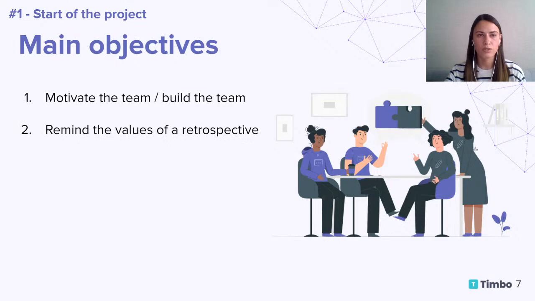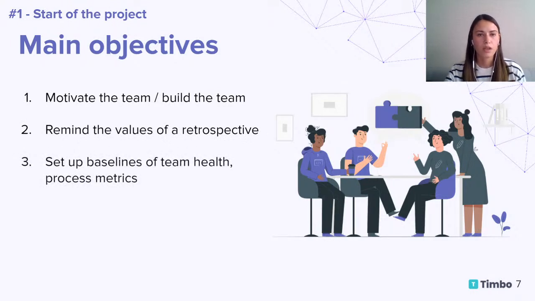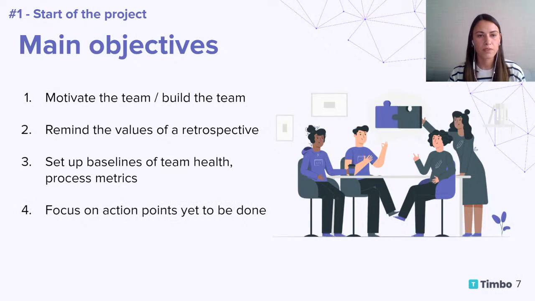Of course, it's important to remind the values of retro, set up baseline of your process metrics if you're measuring any, and focus on the action points yet to be done. These are the objectives that you might look at, but let's look at techniques that may help you achieve that.